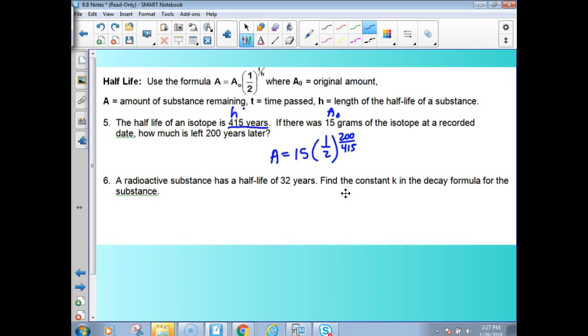It's asking us to find how many grams are left, and all we have to do is type this in: 15 times 1/2 to the 200 divided by 415. I'm hoping you got 10.74 grams.